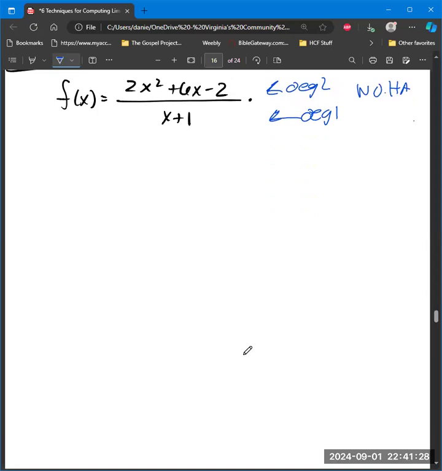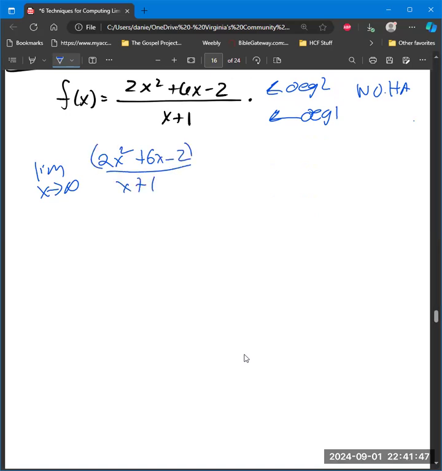Let's just try to find the limit to see if it's going to plus or minus infinity. Then I'll go back and I'll show you how to find what the actual equation is. So limit as x goes to infinity of 2x squared plus 6x minus 2 over x plus 1.